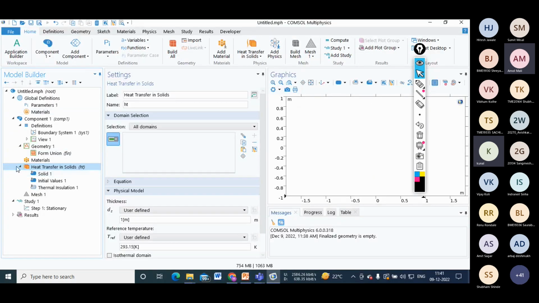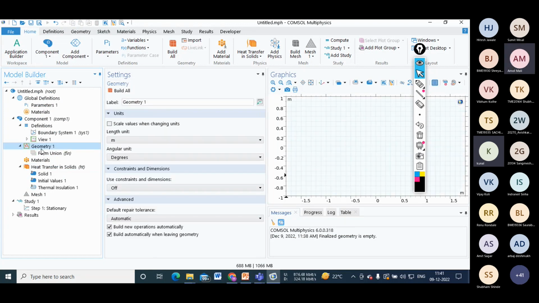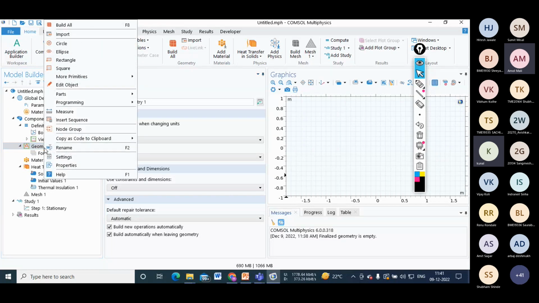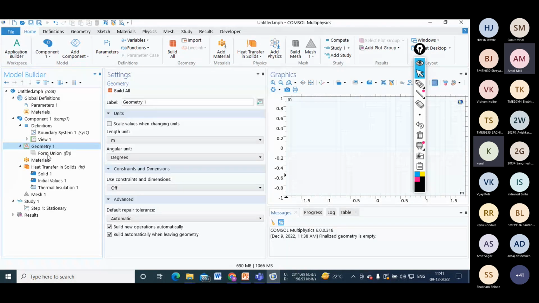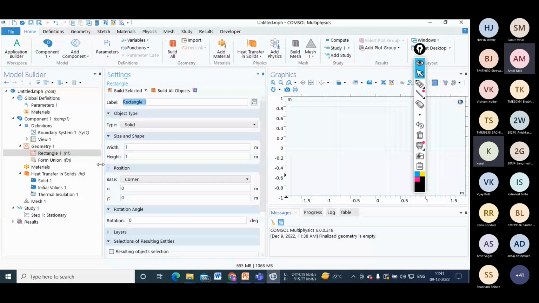So here what we will do, we'll first try to draw a geometry. I think if you have used 3D modeling software or AutoCAD भी आपने यूज किया होगा, then you can use this software very easily. But for geometry, आगे का आपको यूज करना है, उसके लिए थोड़ा आपको efforts लेना पड़ेगा. Next, here I will select the rectangle because the geometry is rectangular.